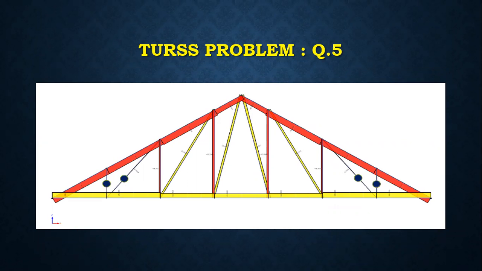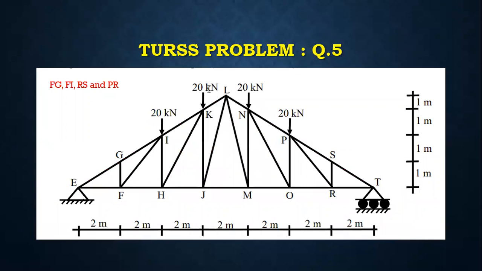Comparatively, if you see the distribution of forces, those members will have the least force, that is 0.1 or 1, a negligible force that will transfer to these four members. So that is the answer here. The answer is the members FG and FI and RS and PR. So that is the answer for this question. Thank you.